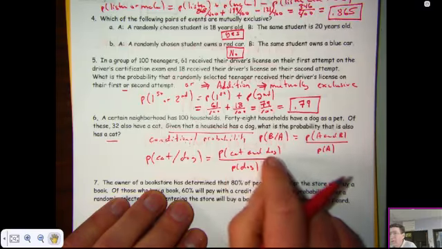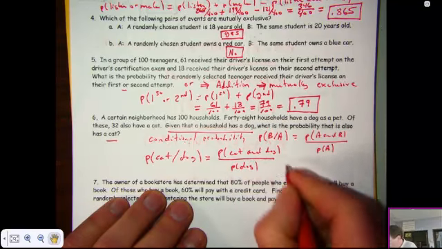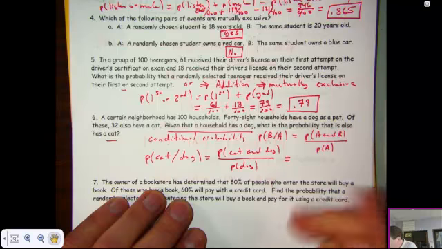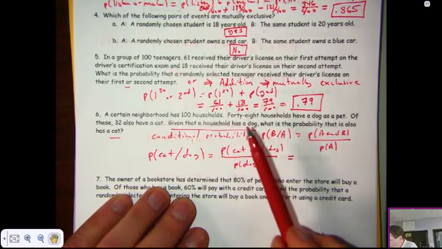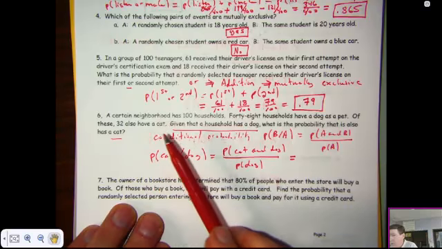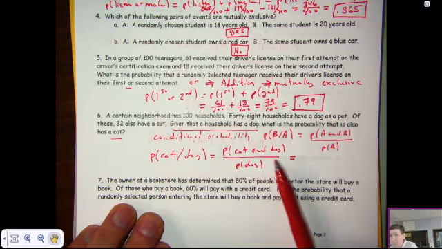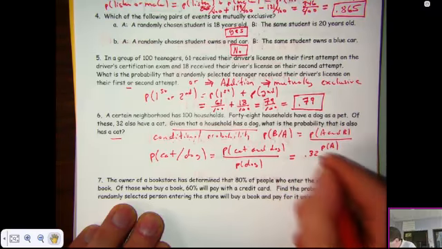The order makes no difference on this and statement, so it could be either way. Either would be the same. What is the probability that you have a cat and a dog? 48 households have a dog as a pet. Of these, 32 also have a cat. So what's the probability of having a dog and a cat? 0.32, right? 32% have both a dog and a cat.